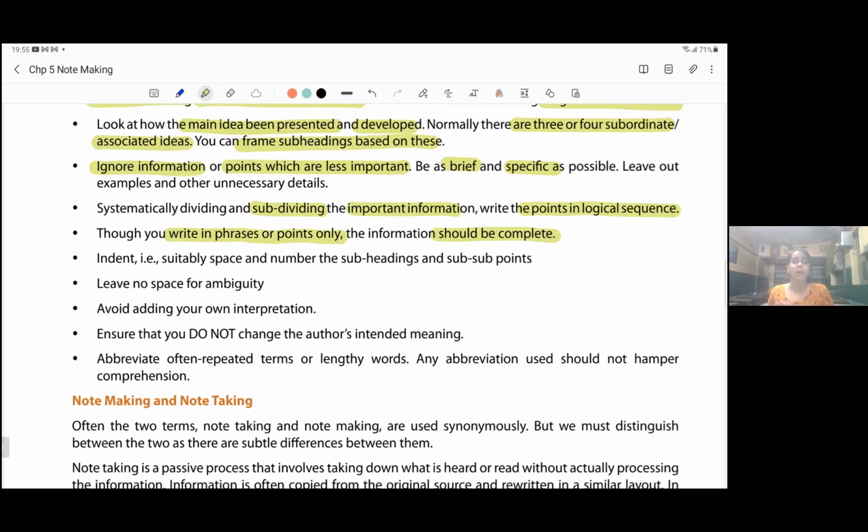Or when you are reading those notes, it should be clear that this much is there and this whole paragraph is on this, right?